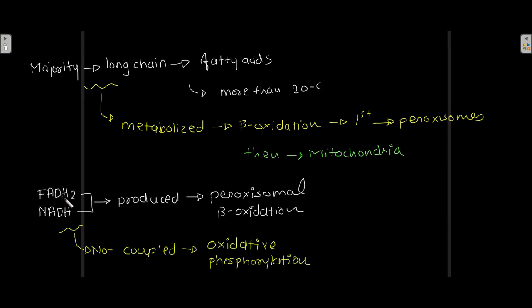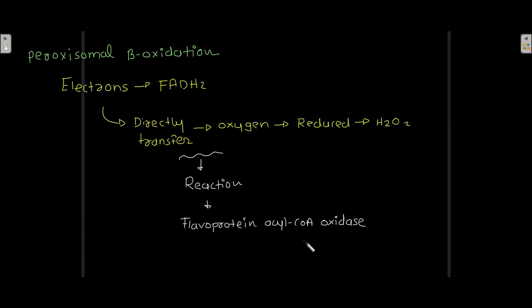Now, during peroxisomal beta oxidation, FADH2 and NADH are produced. These FADH2 and NADH are not coupled with oxidative phosphorylation. The electrons from the FADH2 are not used for oxidative phosphorylation.